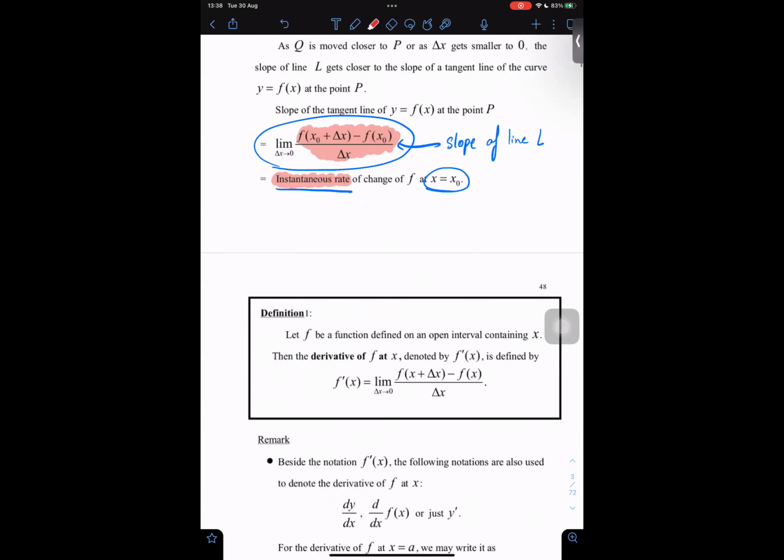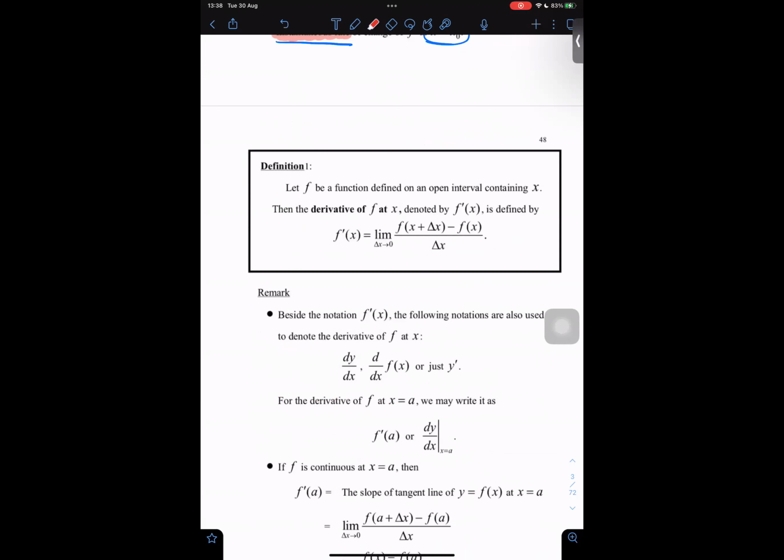We denote the derivative by the symbol f prime of x. The definition is as above: the limit as delta x approaches 0 of f of x plus delta x minus f of x, over delta x.